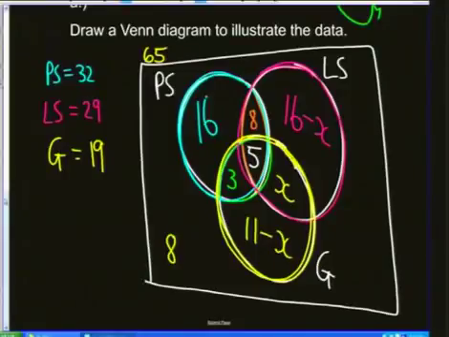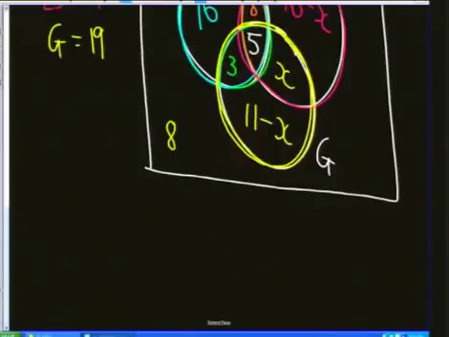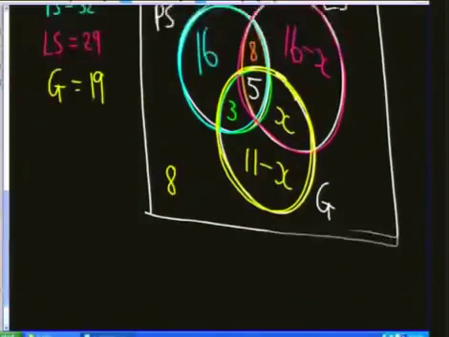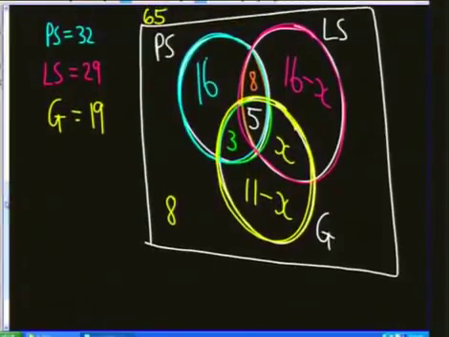Okay. Now let's find out what the value of x is. Well, I've just said that if you add all these up, you should get 65. So let's just go up there. We're going to get our 16, our 8 is 24, and 5 is 29, and 3, 31.